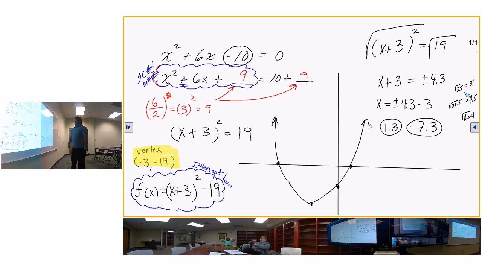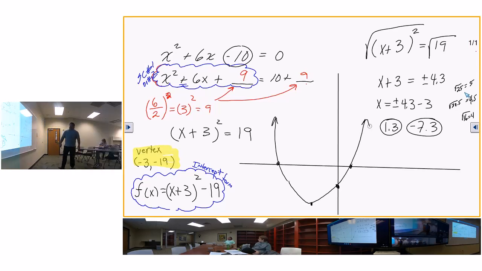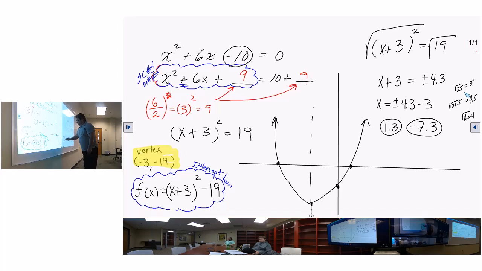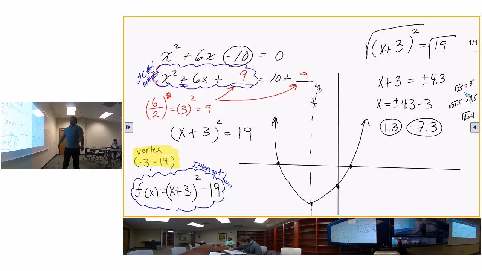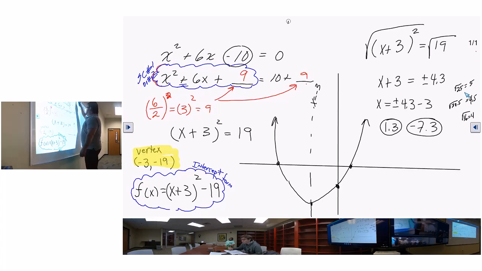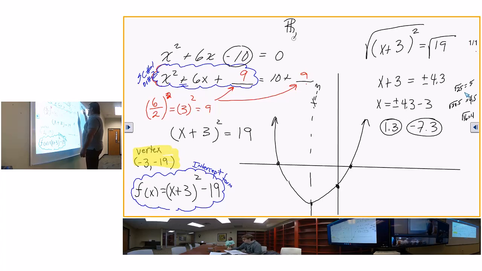Line of symmetry, x is equal to -3. Domain, all real numbers. Range is from -19 to what? Infinity.